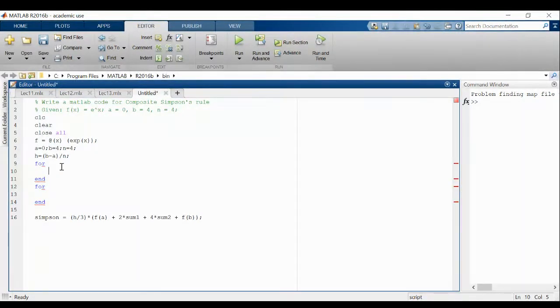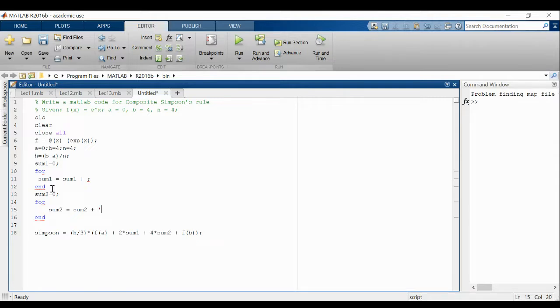Now we define sum 1 starting from 0, any sum starts from 0, and then you add: sum 1 is equal to sum 1 plus something, and similarly you define sum 2 from 0, and then sum 2 is equal to sum 2 plus something.